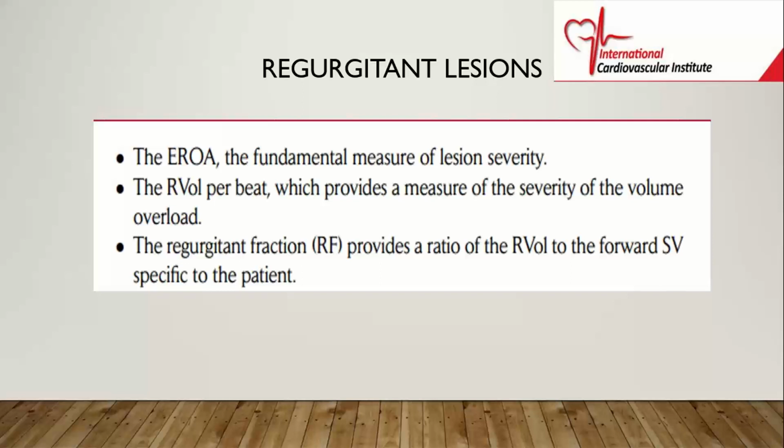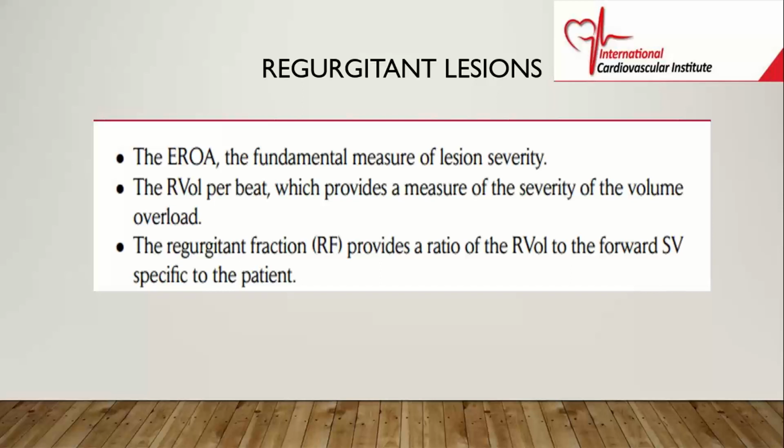When you have, say, mitral regurgitation, what happens is in systole, blood is going to go backwards. So blood is going to go forward across the aortic valve. Blood is also going to go backwards across the mitral valve into the left atrium.